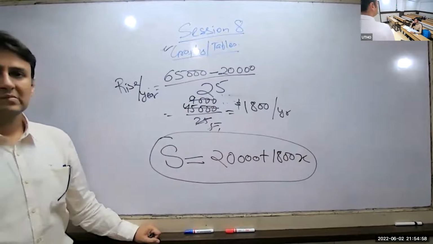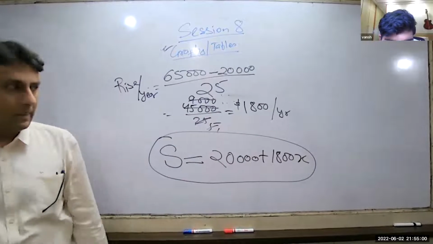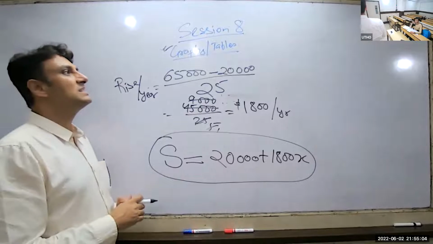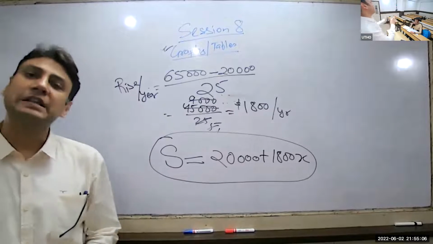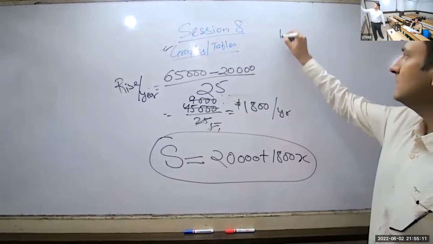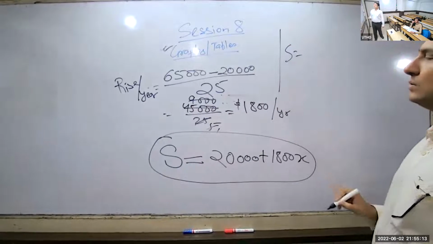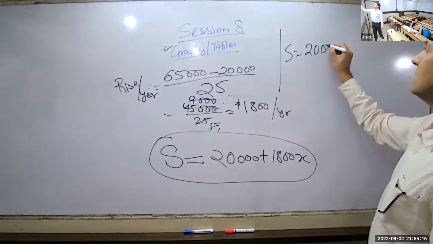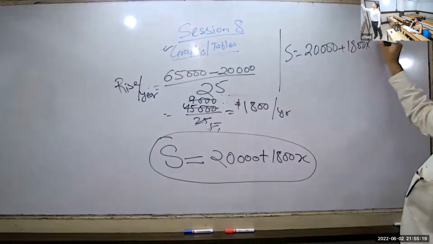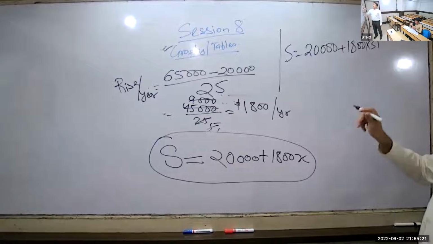Now you asked me, you can ask me anything and I will tell you. You asked me to give the salary of the person if he has 35 years of experience. Let me do that. What am I doing above? S is equal to $20,000 that he gets, plus $1,800 into 35. Do 18,000 into 35.